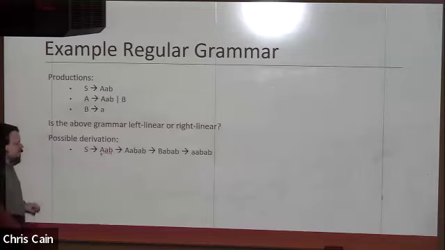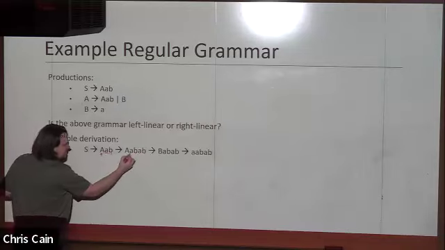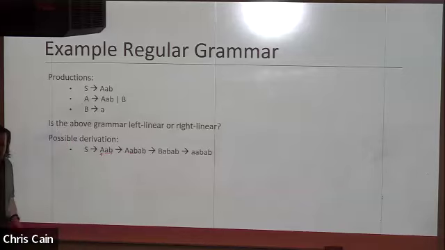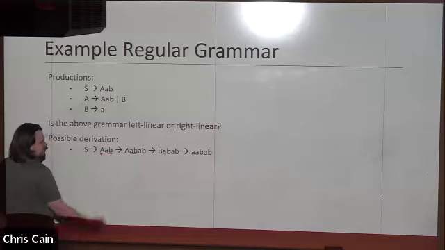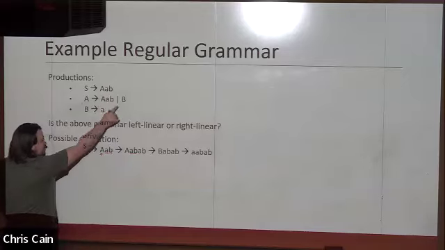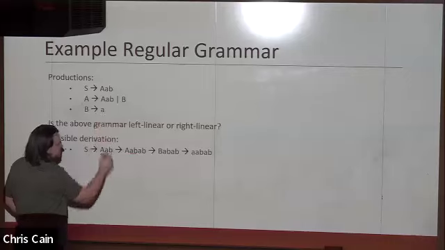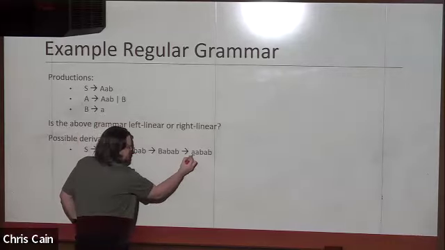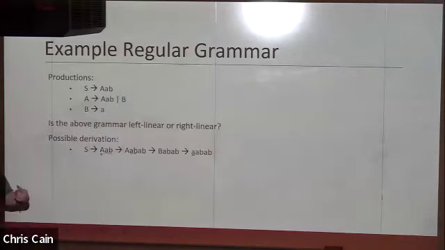We make that derivation, and then there was the old AB, but we've now derived that what comes next before that is another AB, followed by some more stuff at the beginning, and then we just go straight to B, and then straight to the lowercase a. So every time that we go through this process, we're adding to the beginning of the string until we have determined what it is.